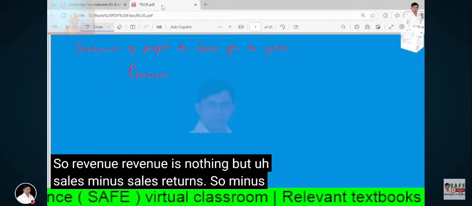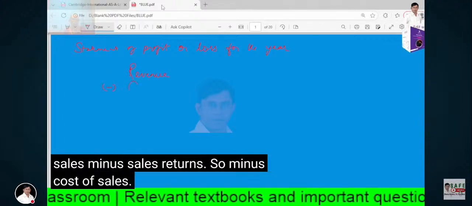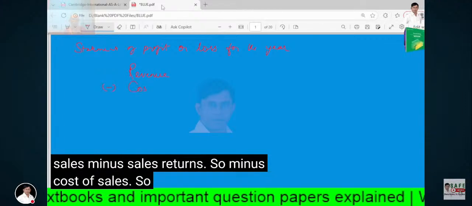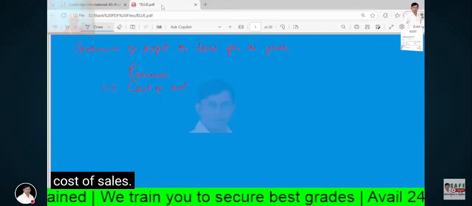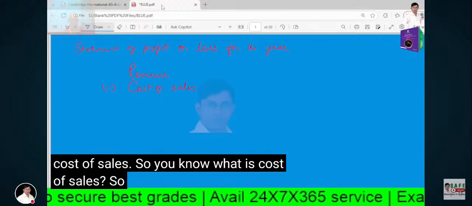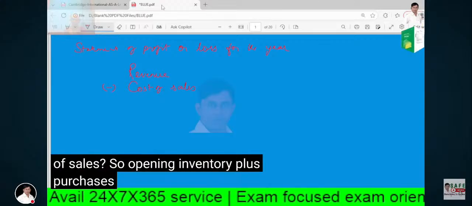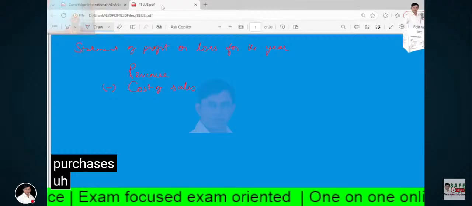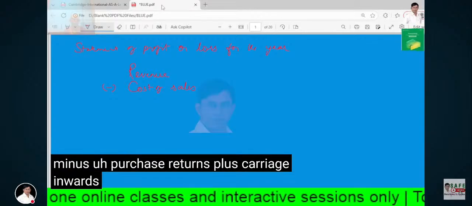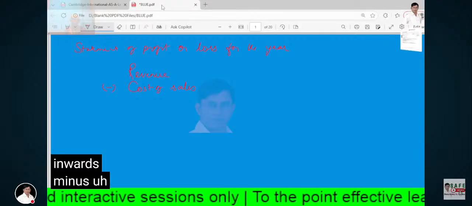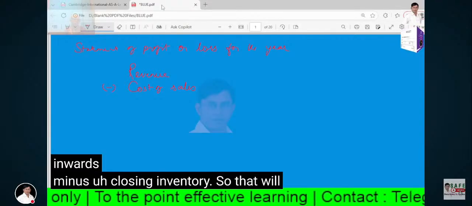Then minus cost of sales. Do you know what cost of sales is? Opening inventory plus purchases minus purchase returns plus carriage inwards minus closing inventory. That will give cost of sales.